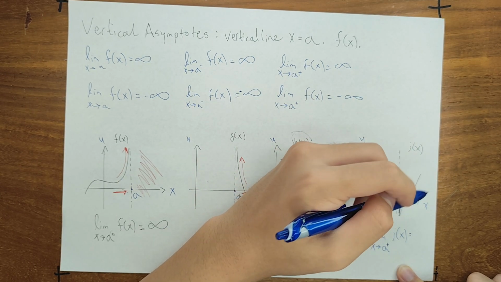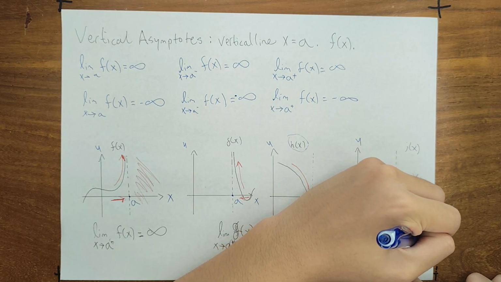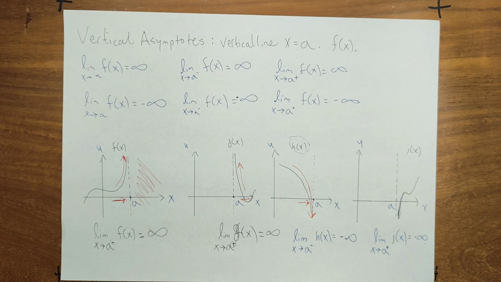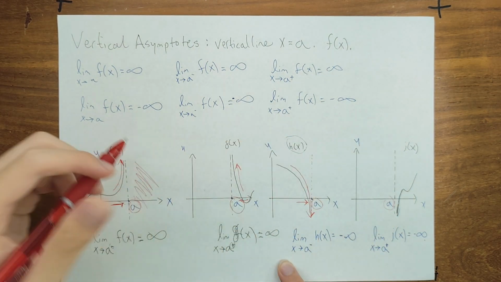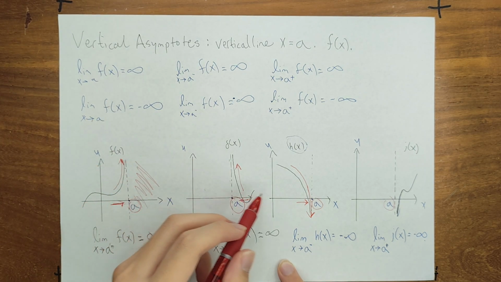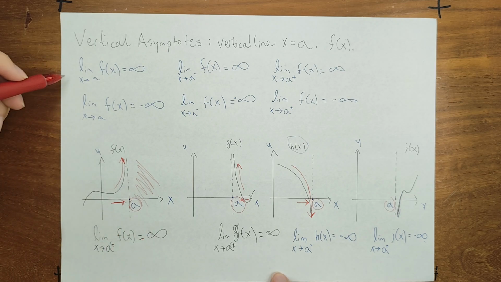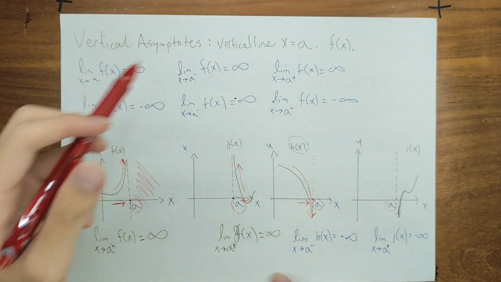It's getting very small, so it's approaching negative infinity. So in all these cases, we have a. This dotted line, x equals a, is a vertical asymptote because it fulfills either of these six equations.